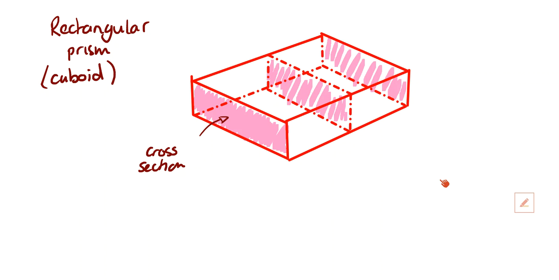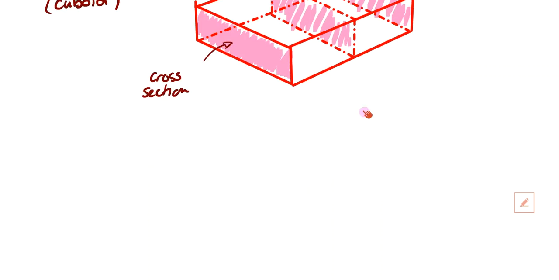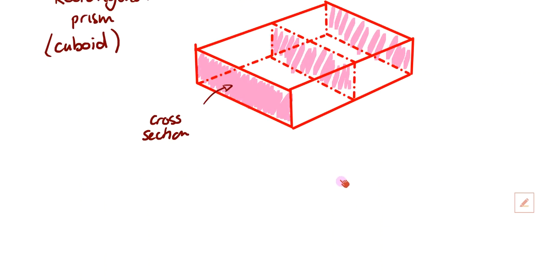If you're struggling to draw it, don't worry too much. For instance, I would draw a line here and across and down, and that would be your cross section.